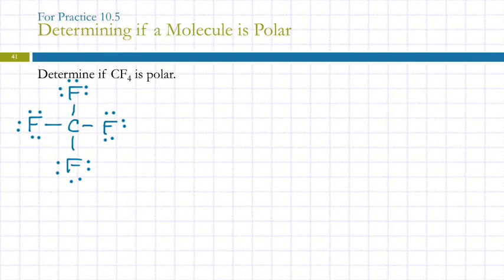There's our Lewis structure. Does this have polar bonds? Are carbon and fluorine different? Yeah. I thought I said chlorine there for a minute. Carbon and fluorine, those are different elements. It's polar bonds. Is the molecule polar?